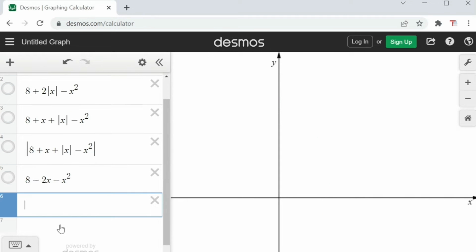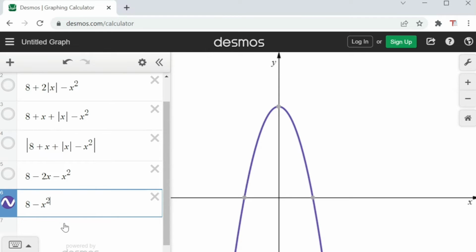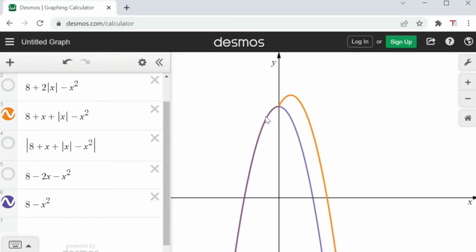So let's just draw the graph of 8 minus x squared. And then if I draw this graph, you can see how between the minus 2 root 2 and 0, those graphs are equal.